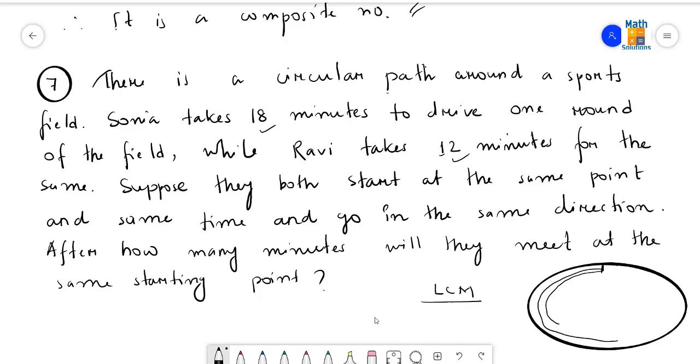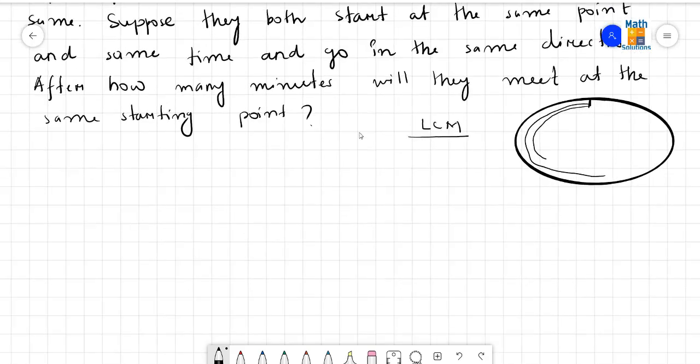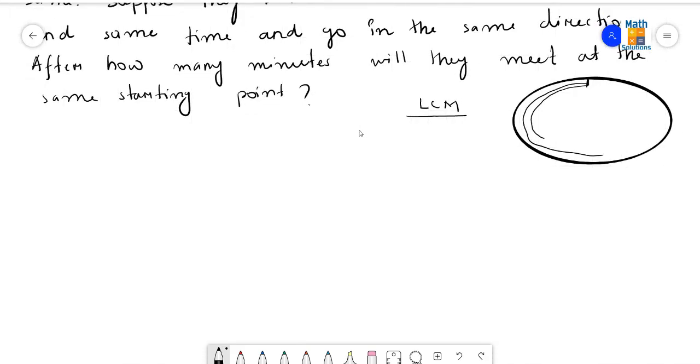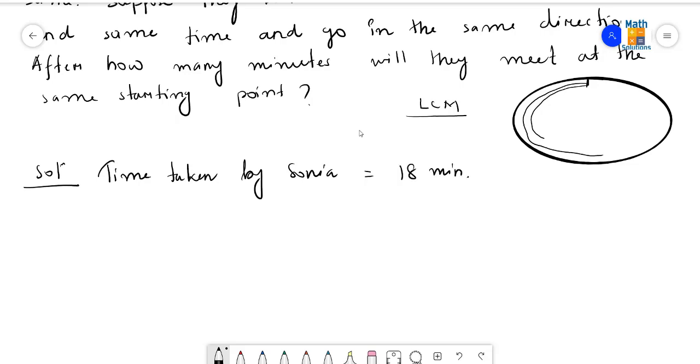So coming to the solution part, here I shall write time taken. Time taken by Sonia is equal to 18 minutes and time taken by Ravi is equal to 12 minutes.